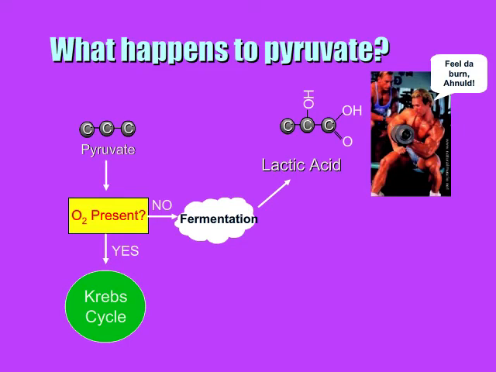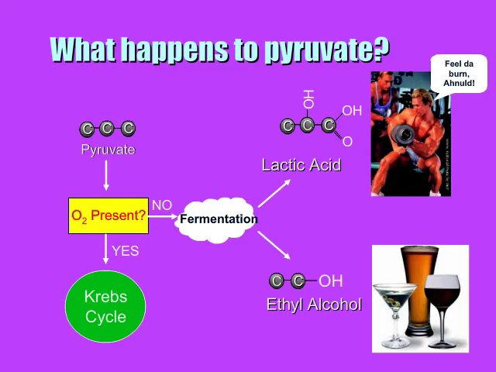And lactic acid is responsible for that burn that you feel after you've exerted yourself or done a lot of anaerobic exercise. For example, if you're lifting weights and you can feel that muscle burn, it is caused by the incomplete breakdown of glucose into lactic acid. And it's the lactic acid that is responsible for the burn. Probably another example of fermentation that you're familiar with is the fermentation of alcohol.